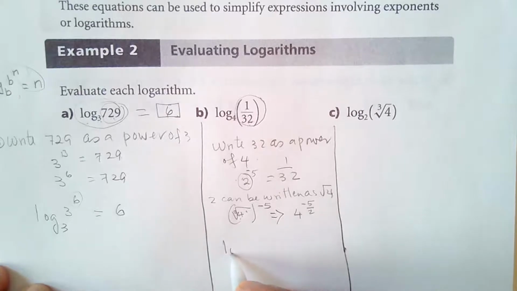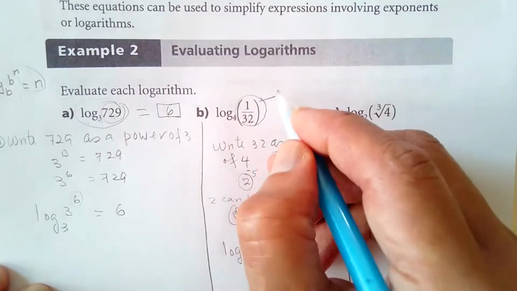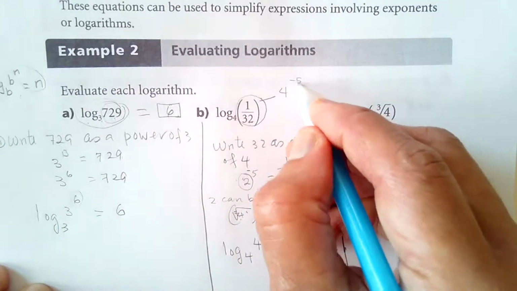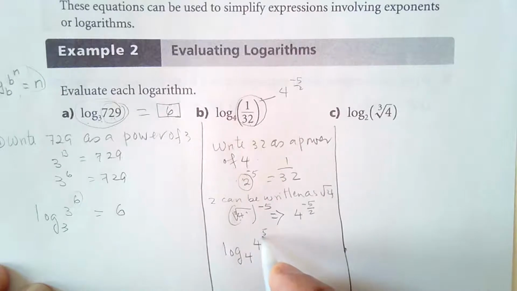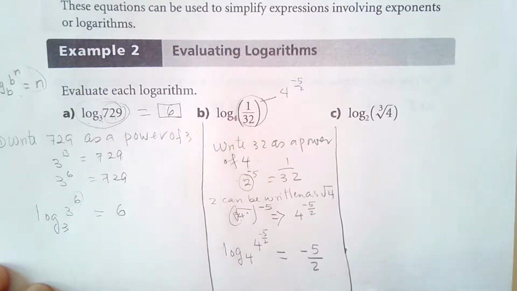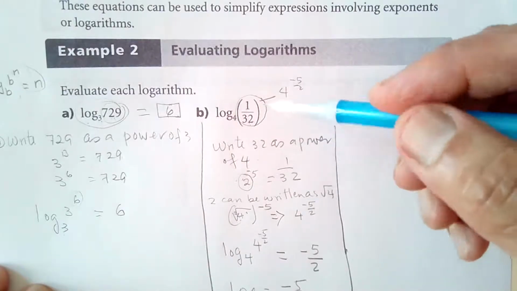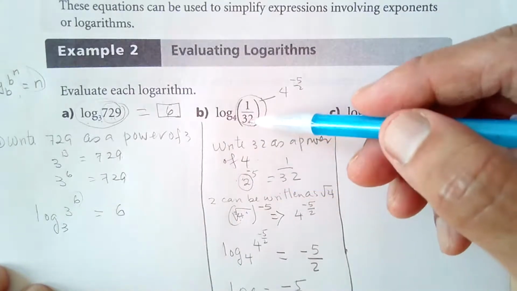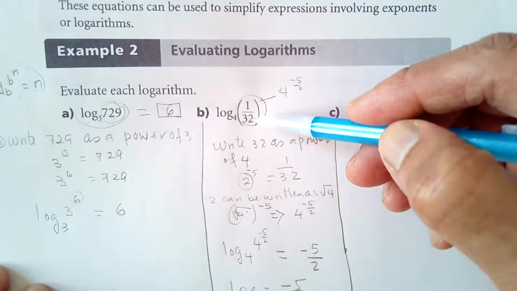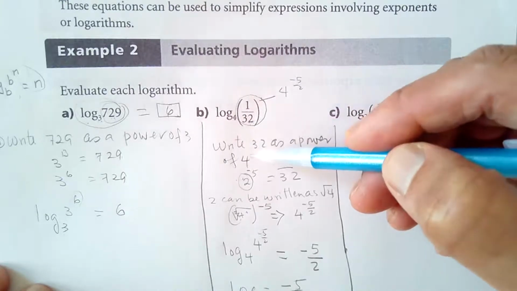So I can write it as log base 4 of 4 to the negative 5 over 2. And that's my answer. So the log is equal to negative 5/2. This is a bit of a tricky one because you cannot find 32 as a power of 4 directly.